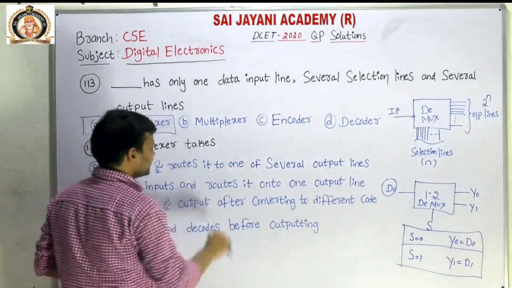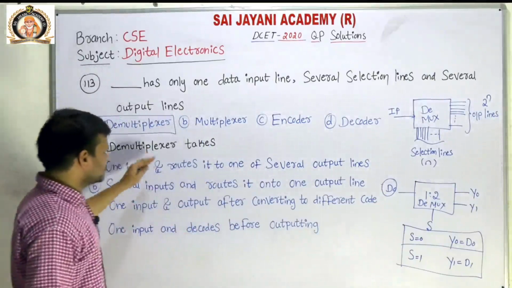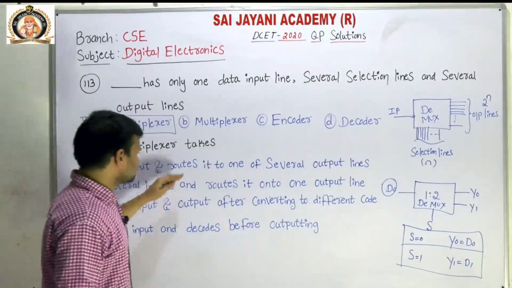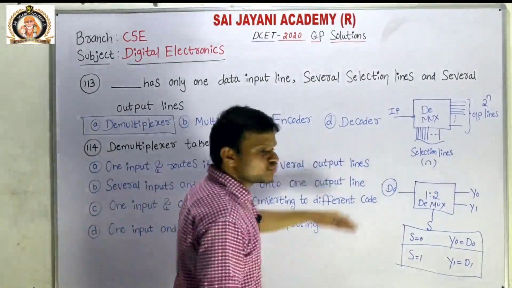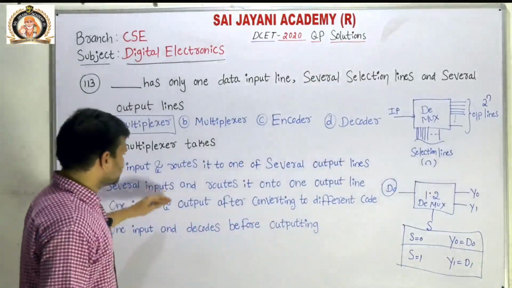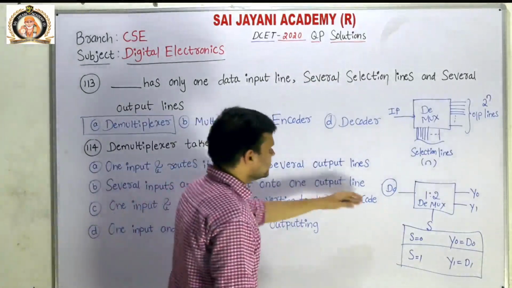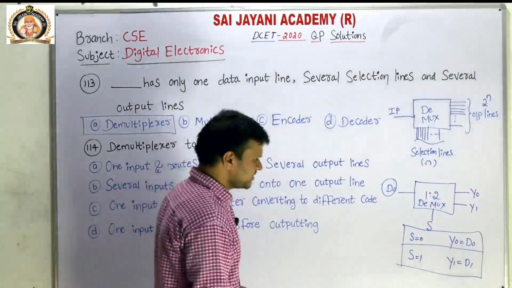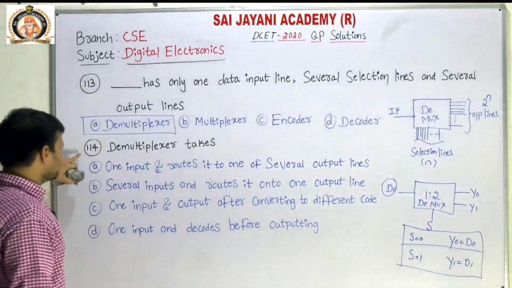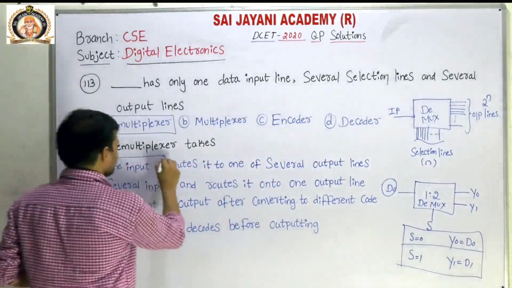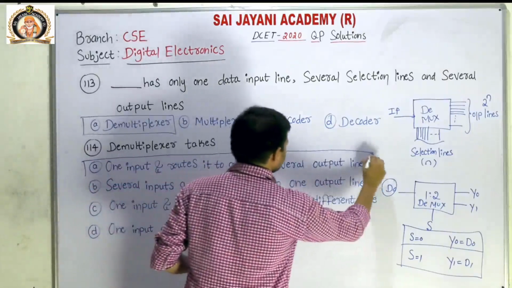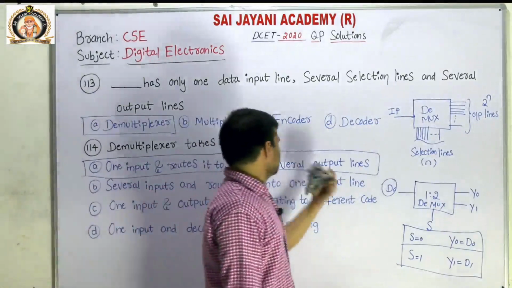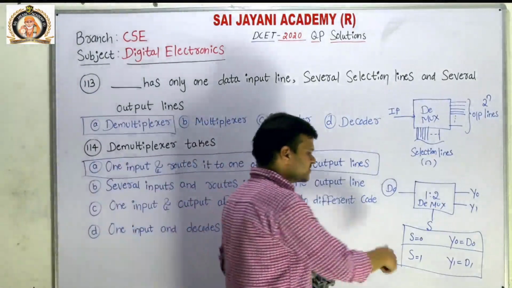The demultiplexer takes: option A, one input and routes it to one of the several output lines; option B, several inputs and routes them onto one output line; option C, one input and outputs after converting to a different code; option D, one input and decodes before outputting. For question number 114, option A, that is one input and routes it to one of the several output lines, depending on the selection lines.